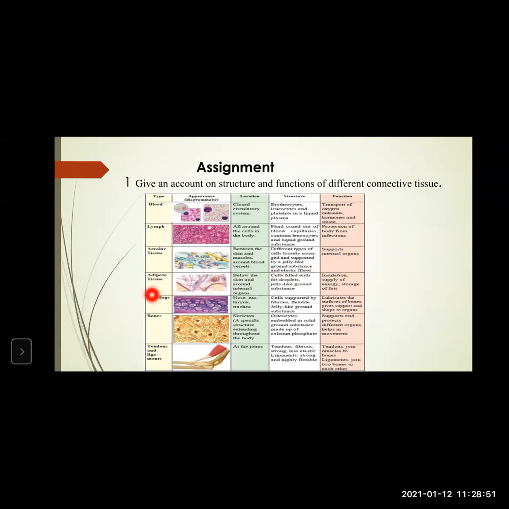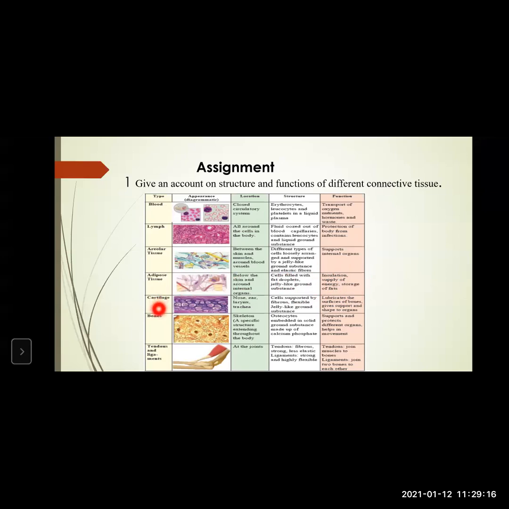Next is adipose tissue. It is present below the skin and in or around the internal organs. It basically consists of cells that store fat droplets. Its function is providing insulation, supply of energy, and storage of fats.